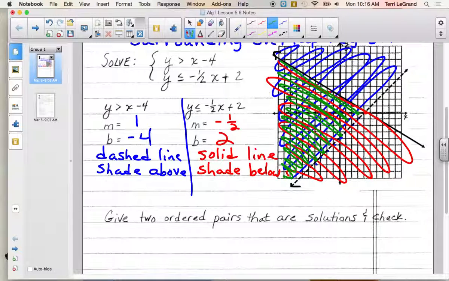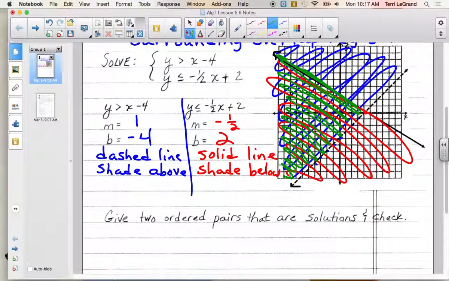Because only points that make both of them true get to be considered solutions, or only points that are on solid boundary lines surrounding this region. So this part of this boundary line right here, those guys would qualify as solutions.